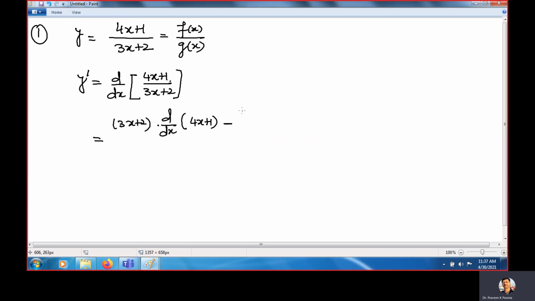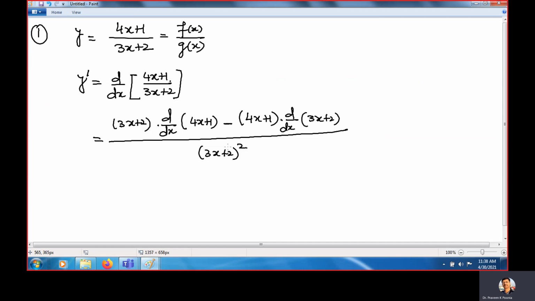Now 4x plus 1 same to same. And the derivative of downside, whatever downside, 3x plus 2, and upon 3x plus 2 whole power 2. This is the formula. Clear?